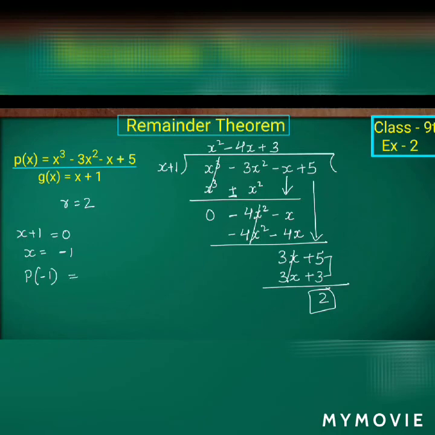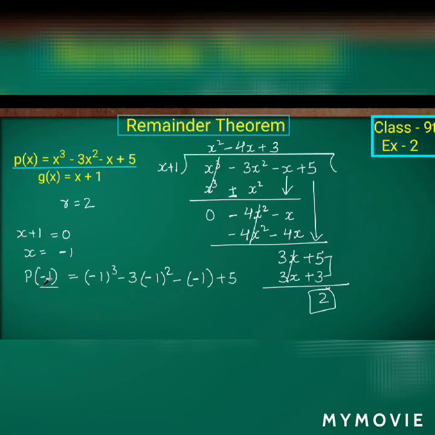P of minus 1 equals minus 1 whole cube minus 3 into minus 1 whole square minus of minus 1 plus 5, isn't it? Since x is minus 1, that is minus 1 plus 5.